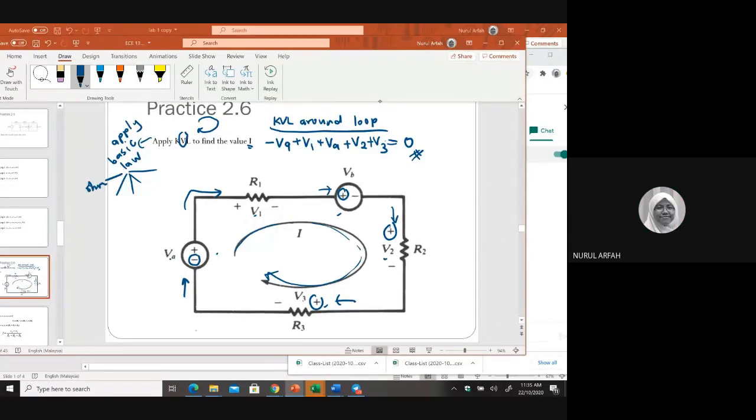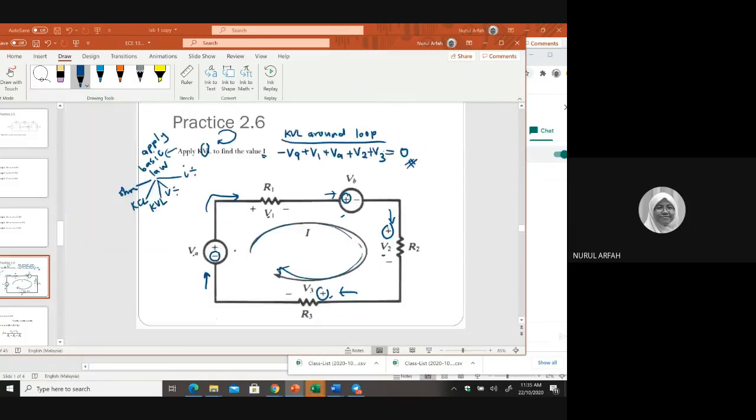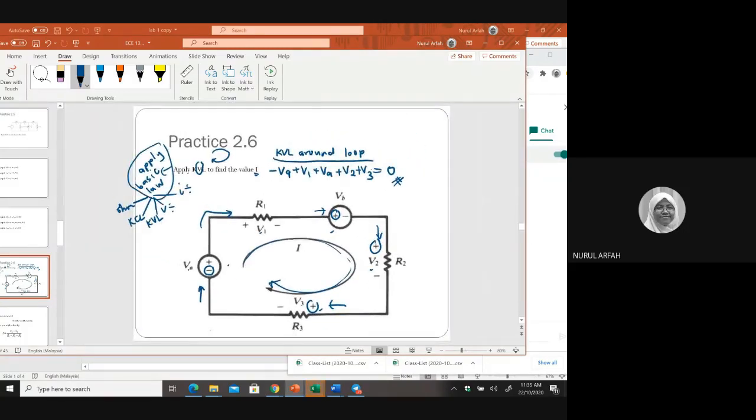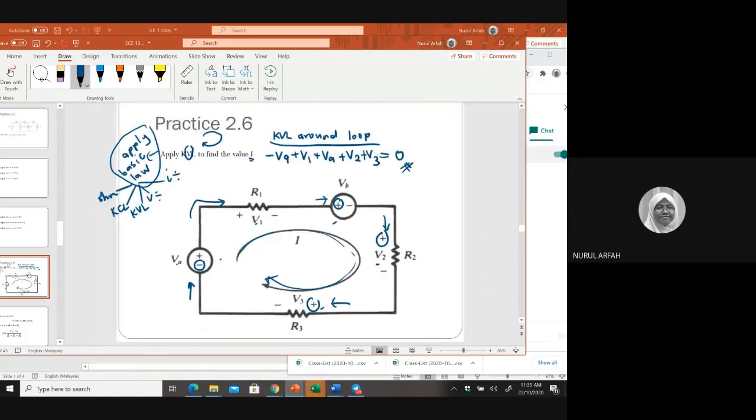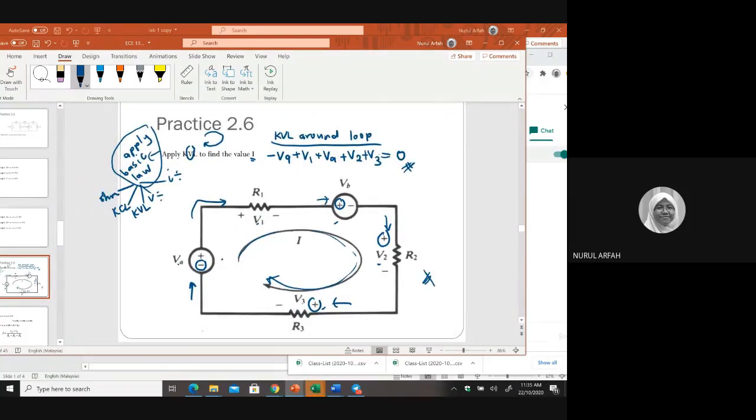Then KCL, KVL, voltage divider, and current divider. So what else can you apply from the basic laws in this circuit? Ohm's law, right?